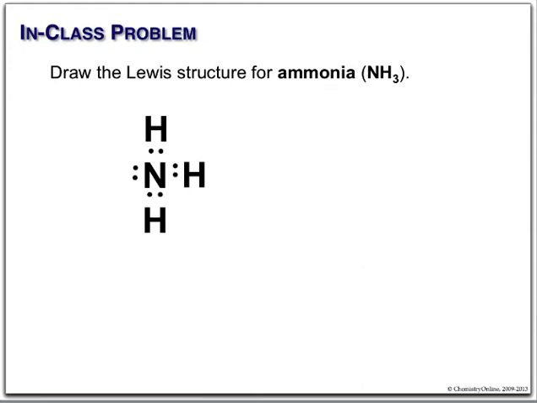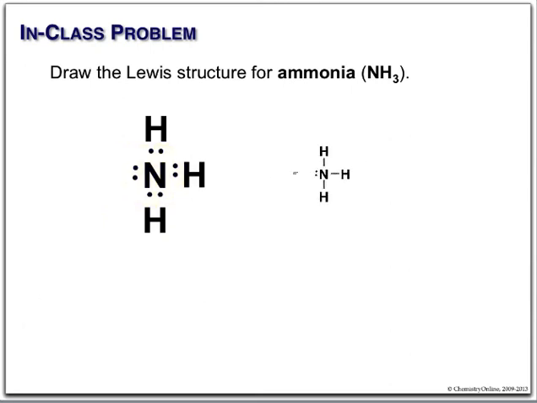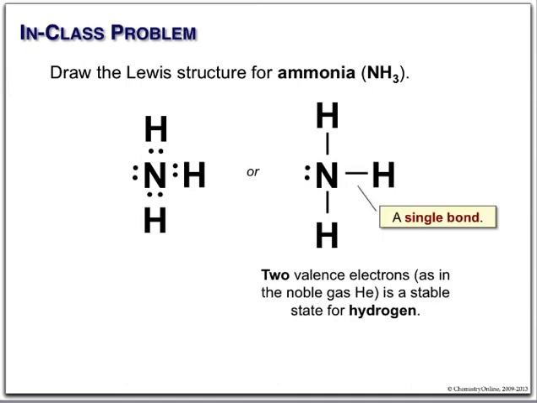Again, our nitrogen now has a full octet of electrons, and each hydrogen has a configuration of helium, that is 2 valence electrons. We could draw this using line bond this way, and again this is referred to as a simple single covalent bond.